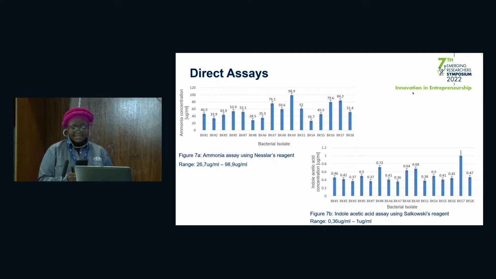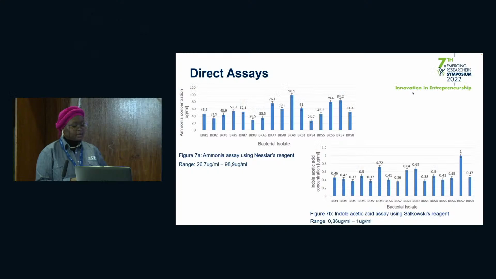Indole acetic acid is a phytohormone that belongs to the auxin family, or auxin class, sorry. Auxins promote cell growth and elongation, and studies have shown that bacterial indole acetic acids increase root surface and length, thereby providing the plants greater access to soil nutrients and increased water uptake.